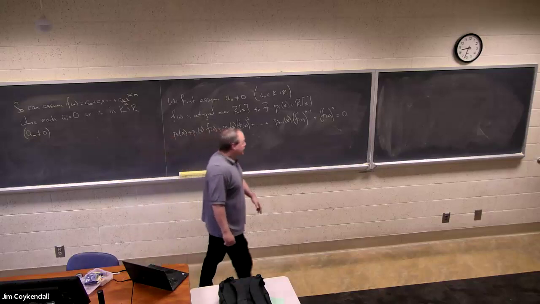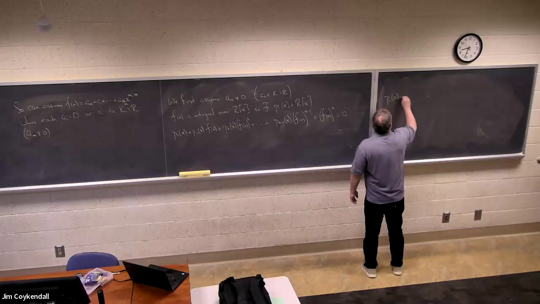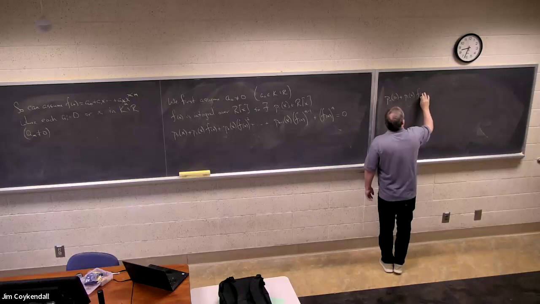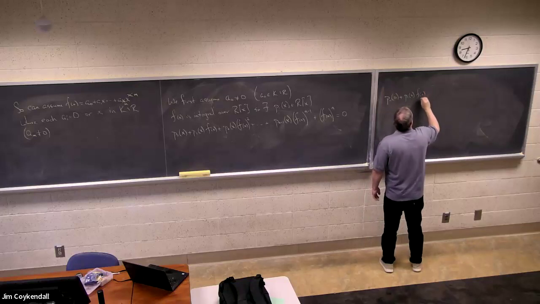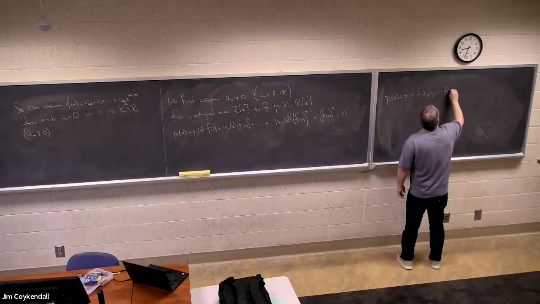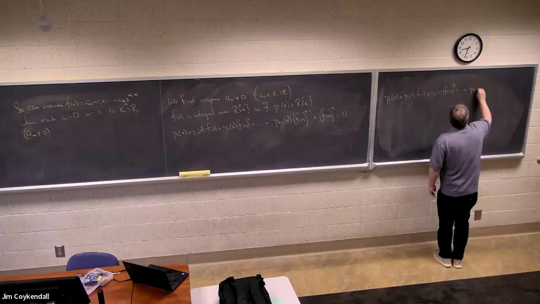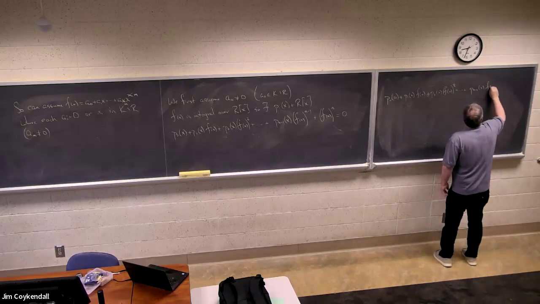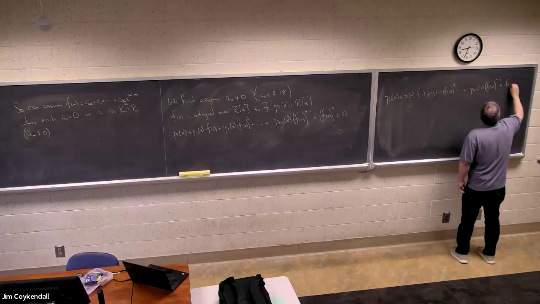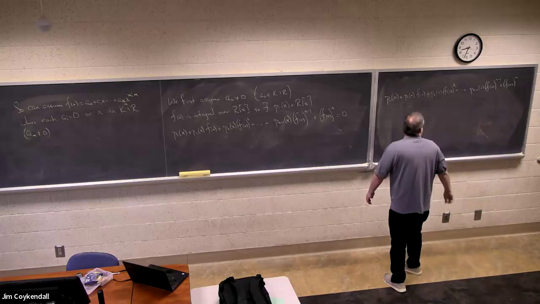So this translates to p_0(0) plus p_1(0) f(0) plus p_2(0) f(0) squared plus ... plus p_{n-1}(0) f(0)^{n-1} plus f(0)^n equals 0.